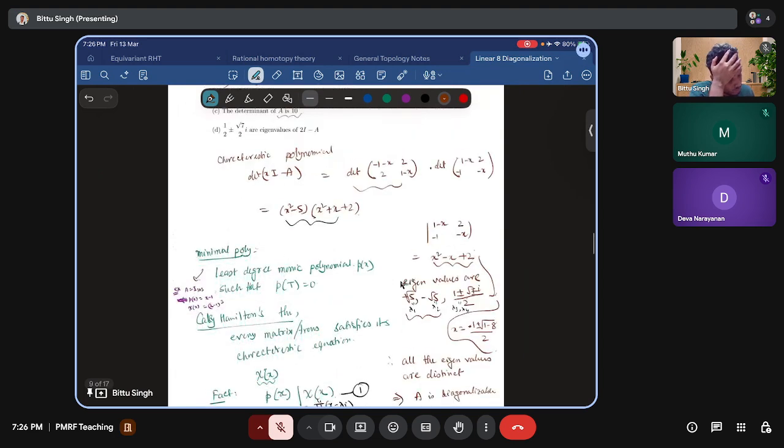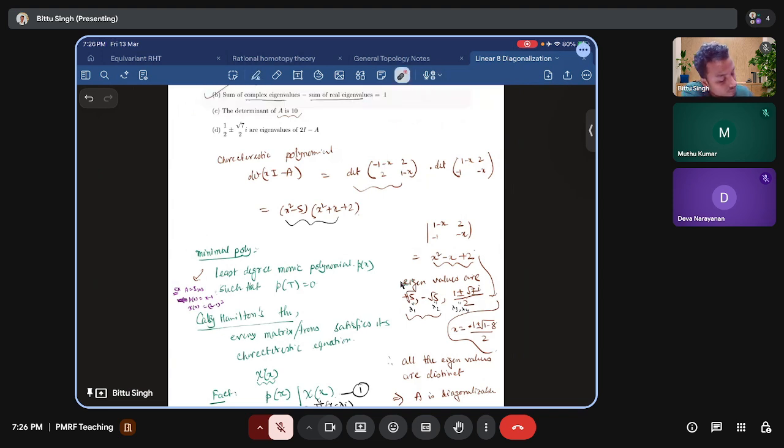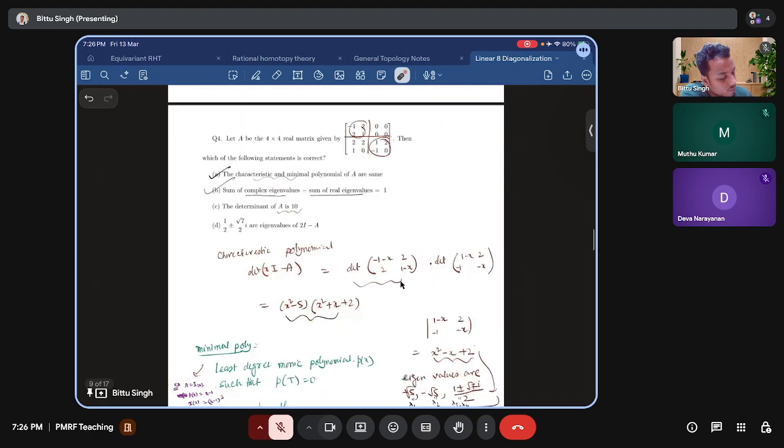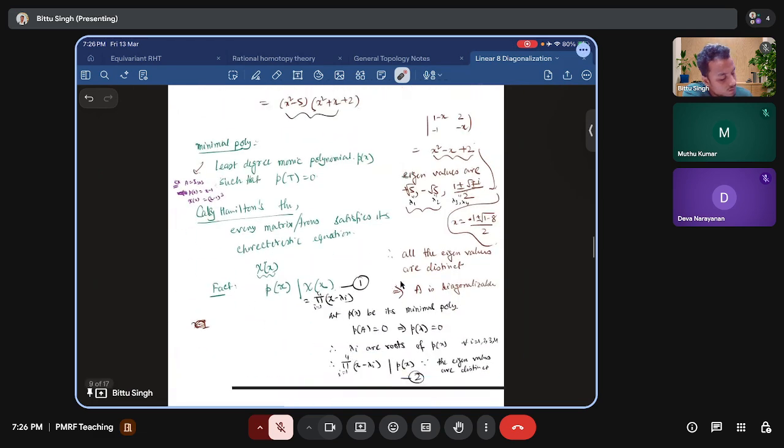Without calculating, we can also see from here, because just put x equal to 0, that will give me the determinant. So it is minus 5 times 2, which is 10. It is a 4 by 4 matrix, so there will be no sign change, right?